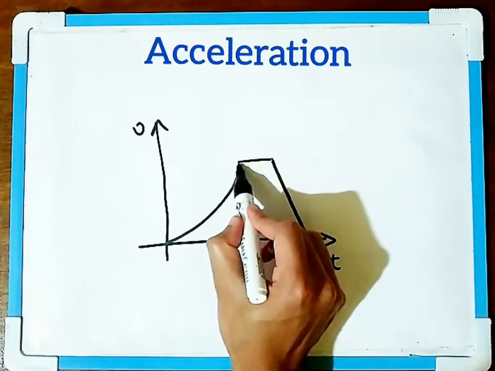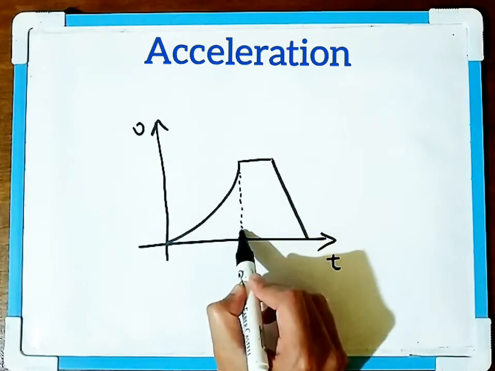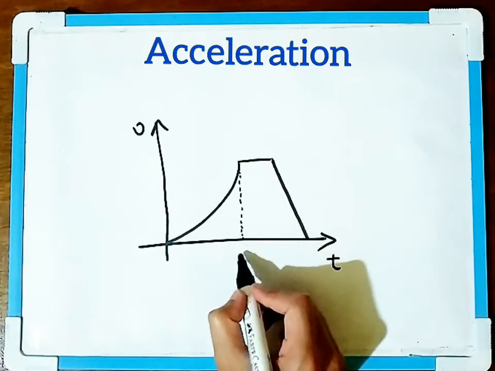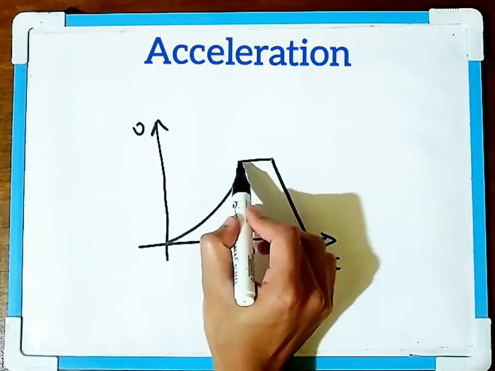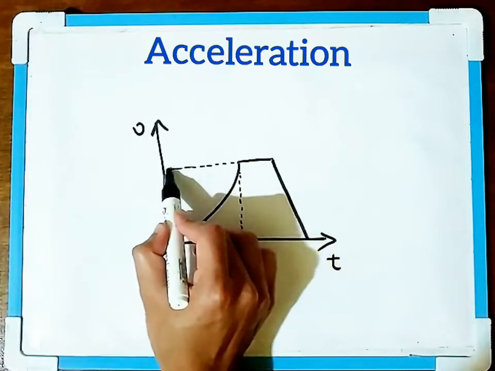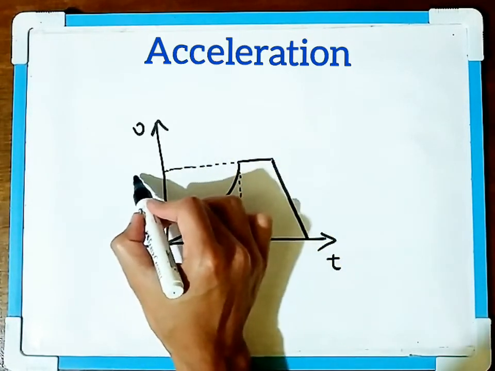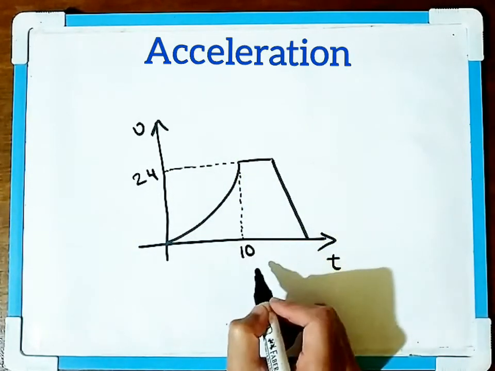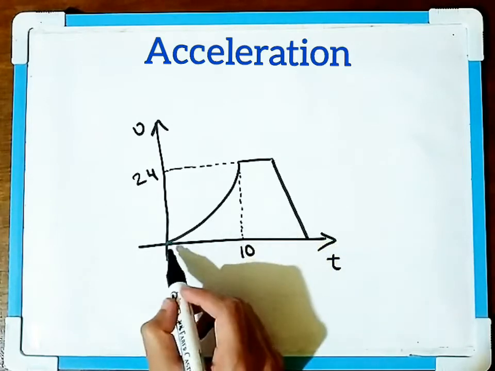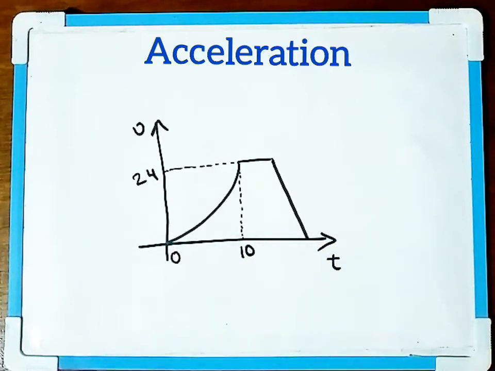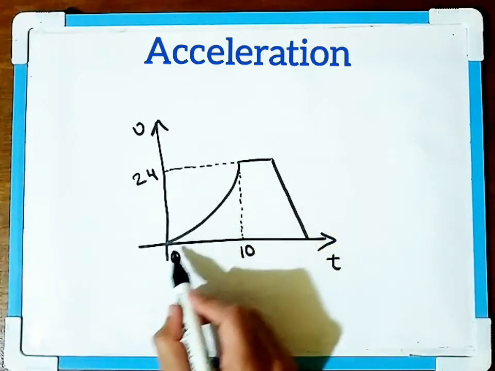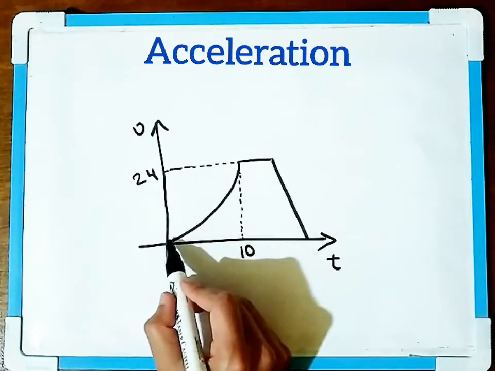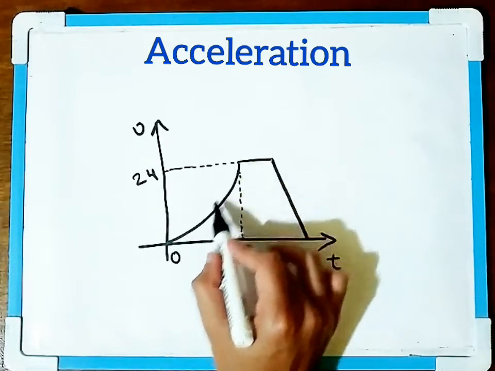So at this instant, which is 10 seconds, the velocity is 24 meter per second. So I'll just write 24. This is 10 seconds. Then at 0, the velocity is 0. Then in this interval from 0 to 10, you can see that the velocity is increasing.